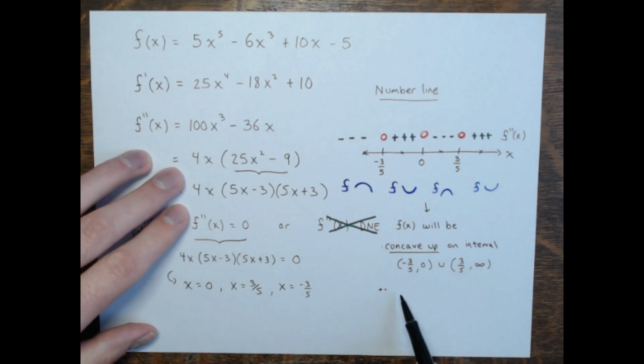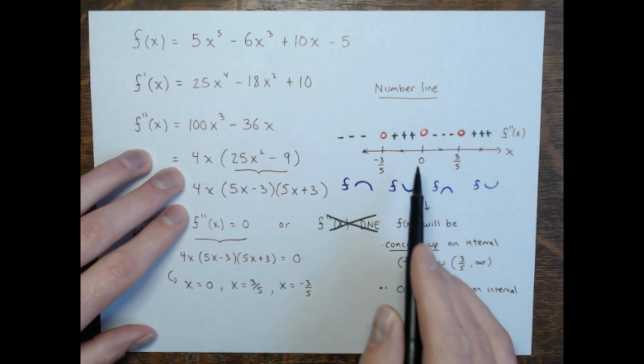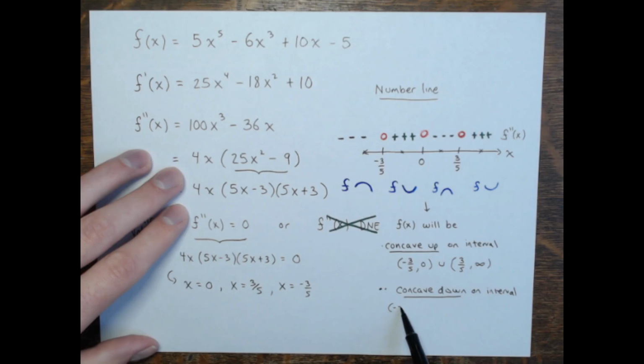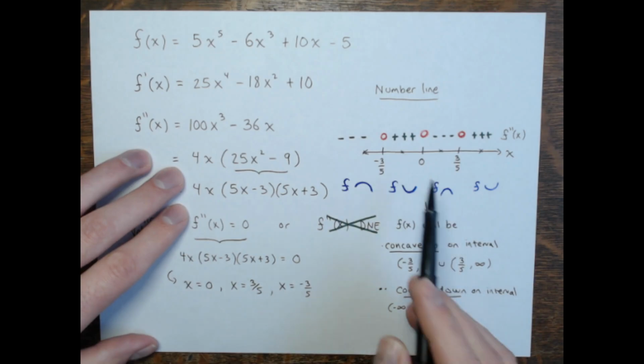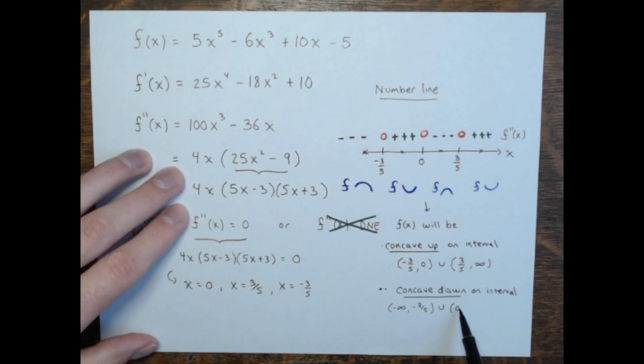And then we can say f will be concave down, curling downward, on the following intervals. Just look where the second derivative is negative, and that's from negative infinity up to negative 3/5. And then there's more, so in union with, from 0 to 3/5, you got a negative second derivative, so concave down.